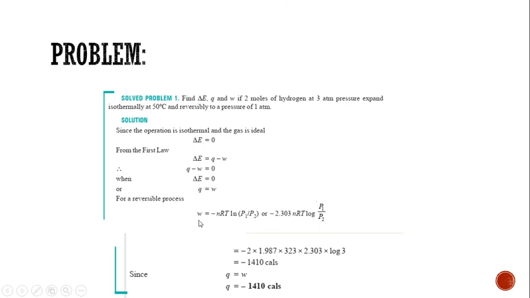For a reversible process, the work done can be calculated by using this formula, putting all given values and constant values inside this formula. The work done is easily calculated, and in calories your work done is 1410 calories.